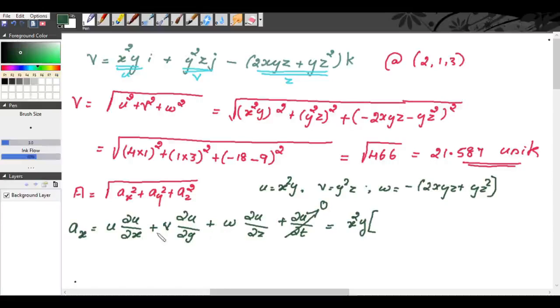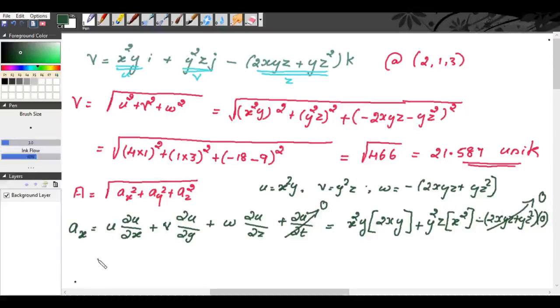So u into du by dx, du by dx is equal to 2xy, plus v, that is y square z, into du by dy. So du by dy is x square, plus w, that is minus 2xyz plus yz square, into dou u by dou z. There is no z term, so this becomes 0. So this term becomes 0, right?